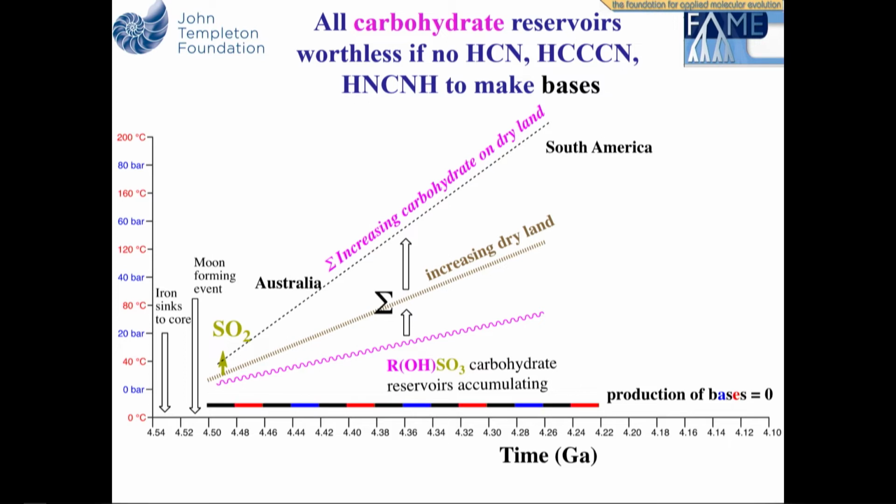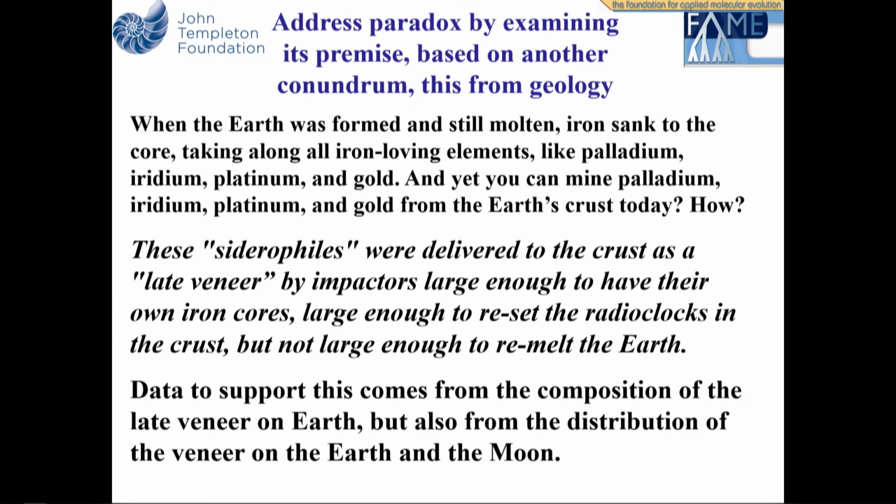Of course, the carbohydrates have to land on dry land, so they don't get diluted into the global ocean. We don't know much about the history of dry land in the Hadean, but we assume it increases as time goes forward. And of course, the amount of carbohydrates accumulating on dry land will be the product of these: the amount you're making and the amount of dry land on which they can fall. But if the production of bases is zero, you've got troubles.